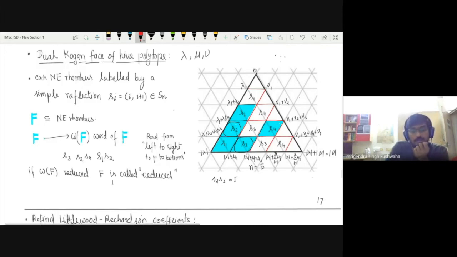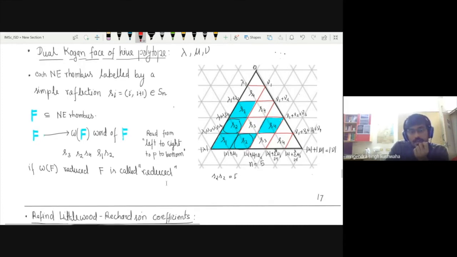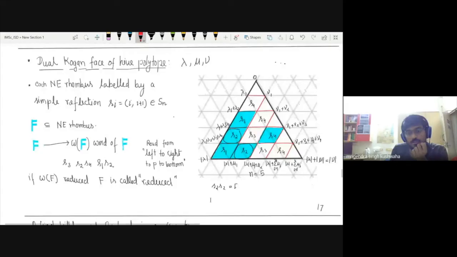So that type of F is called a reduced F. And you can see that for a given reduced word, suppose you want to take the reduced word S2, there are so many faces. So this is one face I will take, and this is another face I will take. Both will give the reduced word S2. Take a singleton face, say. So for a given word, there are many faces which give the same reduced word.